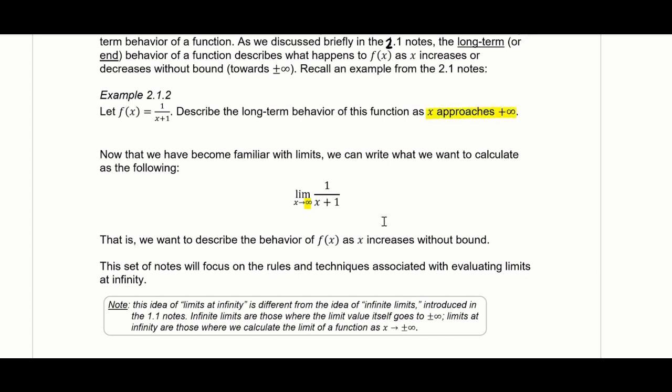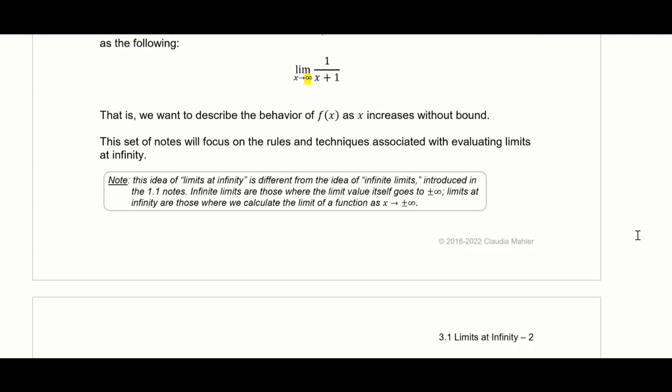Now, just a quick note here, because sometimes these can sound similar. This is limits at infinity. In the previous notes, the 2.1 notes, we talked about infinite limits. Infinite limits, what we already have done, are cases where the limit value itself goes to infinity, positive or negative.